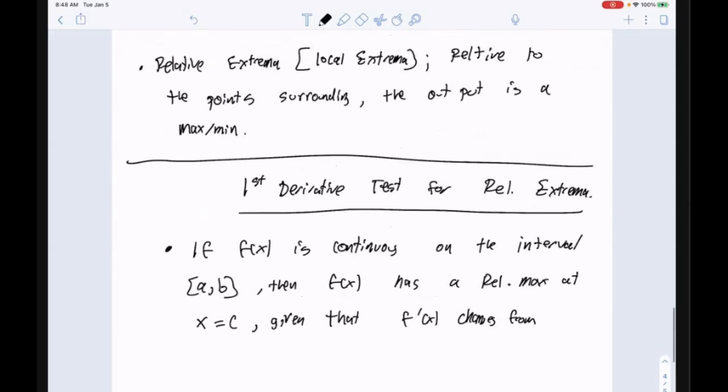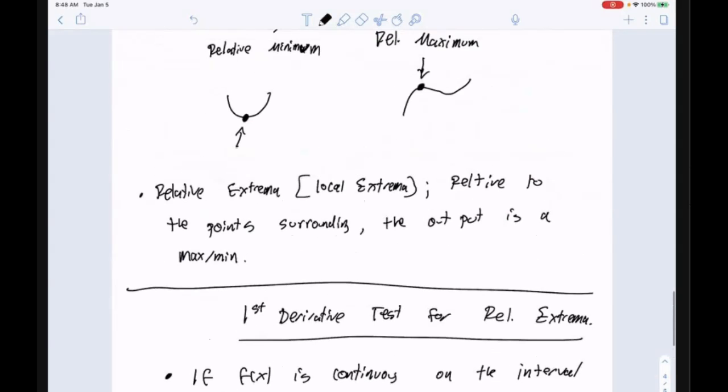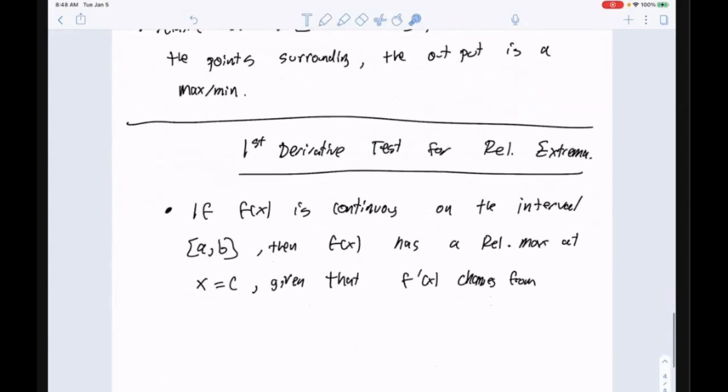You've reached the top point right here. So what is f of x doing here, and then it changes to here? It's first increasing, and then decreasing. So what is the derivative doing?